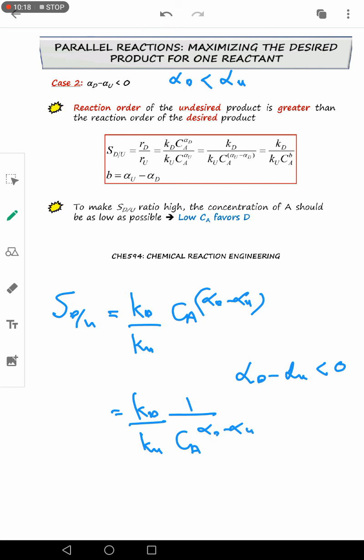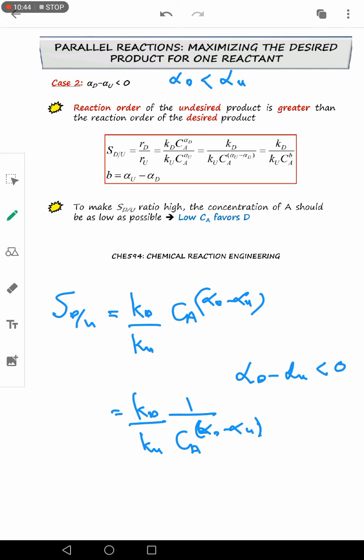Kenapa? Bagi contoh, katalah tadi saya kata order for desired is 1, order for undesired is 3. So kalau you operate this term, dia adalah Ca negatif 2, betul tak? So bermakna Ca ni berada di bahagian bawah, denominator kan.